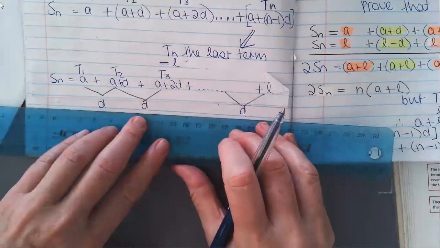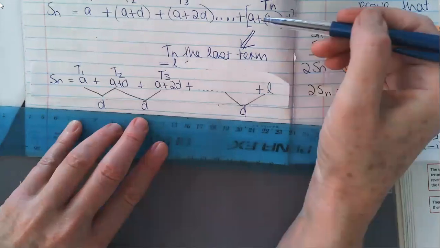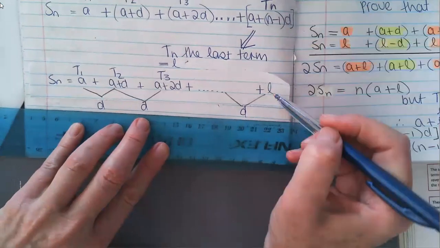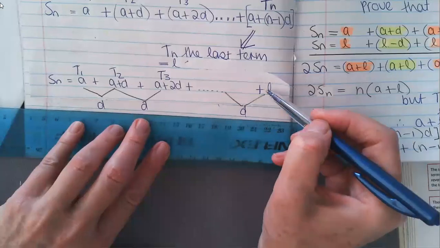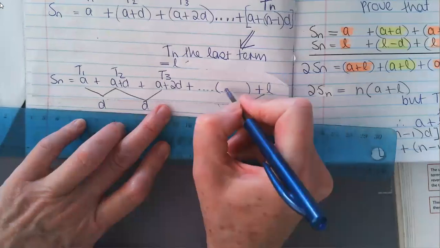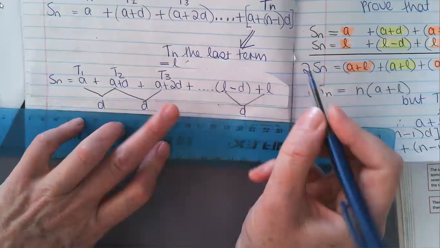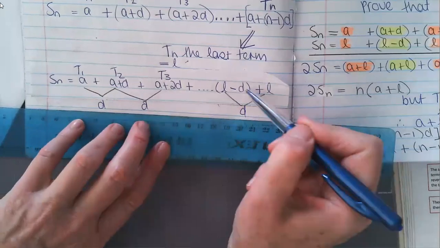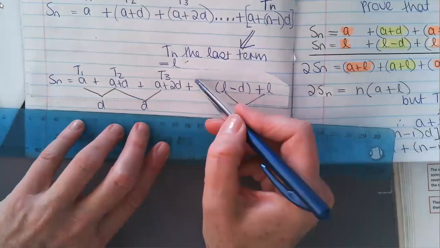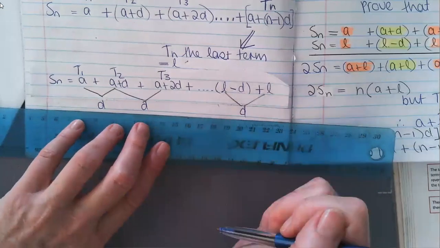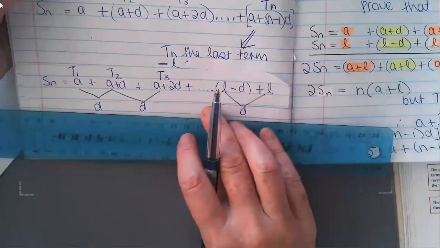If we write the last term that we had here, A plus (n minus 1)D, as an L, and the difference is D, then the second last term will be L minus D. Now, L minus D gives me this term here. And the third last one would be L minus 2D.